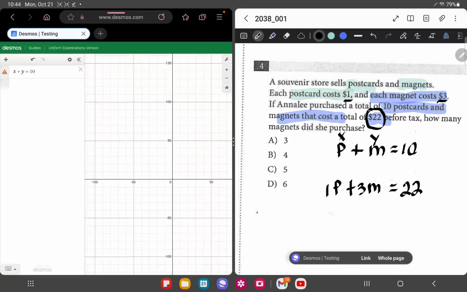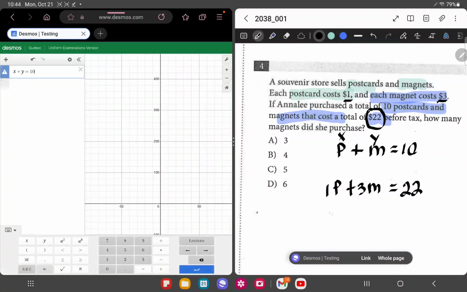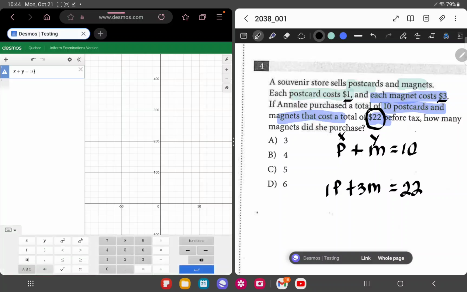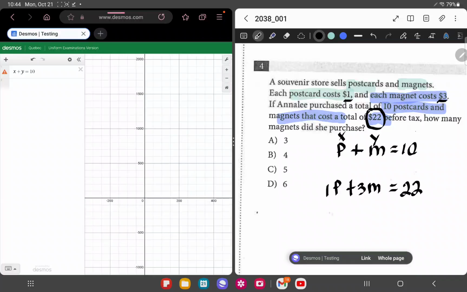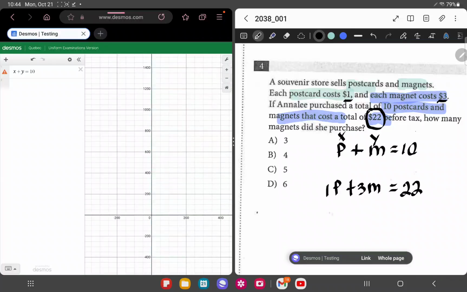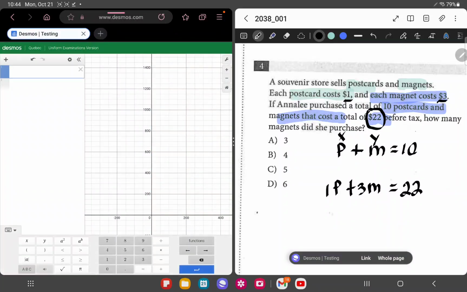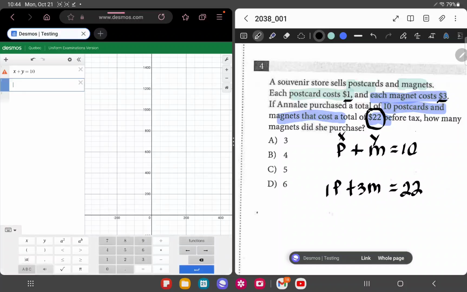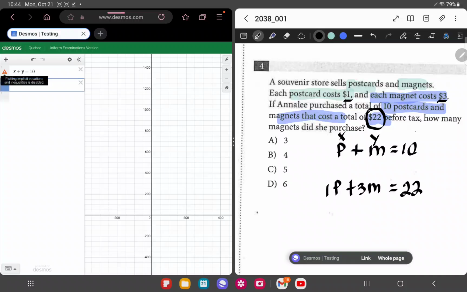Now we actually should be getting a line here, if I did it correctly. Oh, maybe not. Let me retry this one real quick. It should have given me something, but maybe I did something wrong.